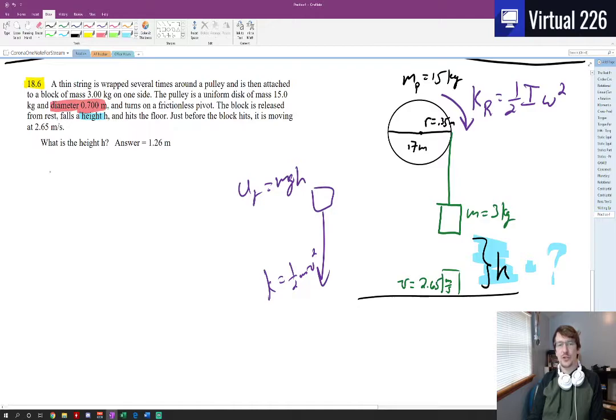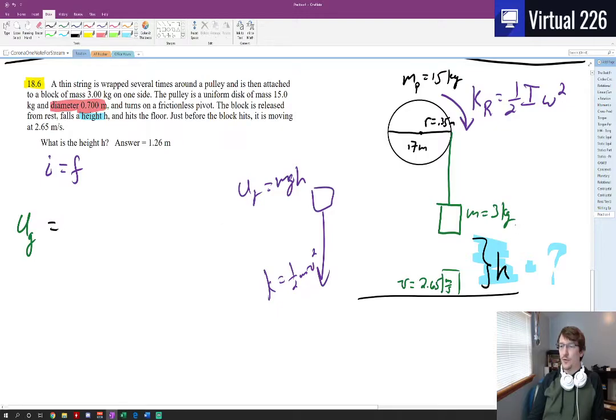Whatever energy we have initially has to be the energy we have at the end. So the initial energy has to equal the final energy. Our initial energy here is just due to the block. This 3 kilogram block is just being held there and then it's let go. So initially, we only have the gravitational potential energy of the block.